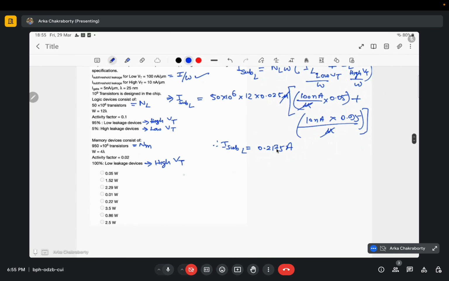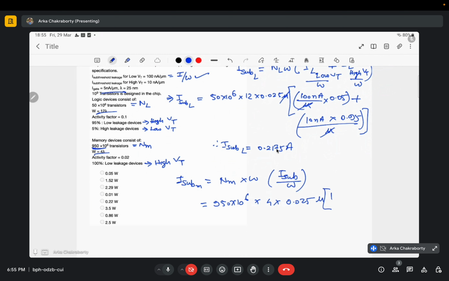Now for the subthreshold current of memory, I'll be following the same logic. There will be the number of memory devices into W into the subthreshold current per unit width that has been reported. 100% of the devices are high VT devices, so 950 into 10 to the power 6, that has been given, into W. Here W is 4 lambda, so 4 into lambda is 0.025 micrometer.